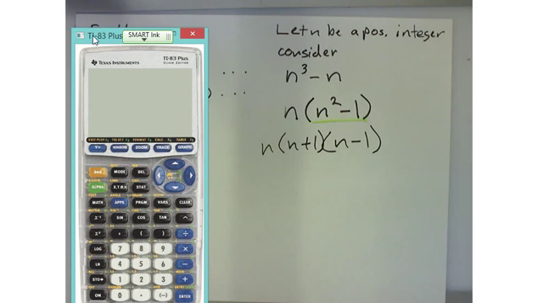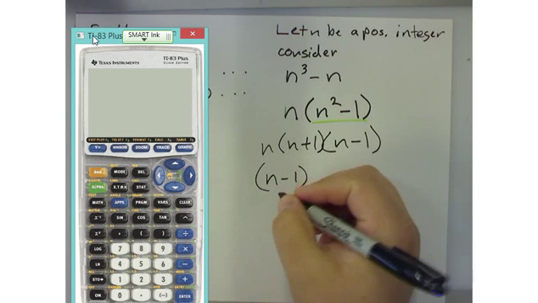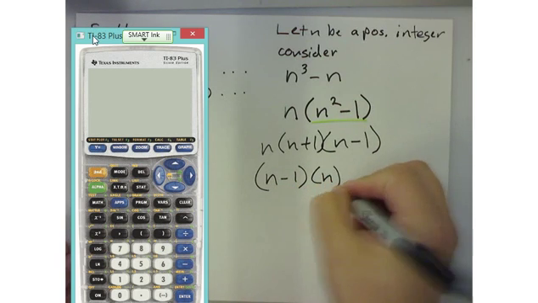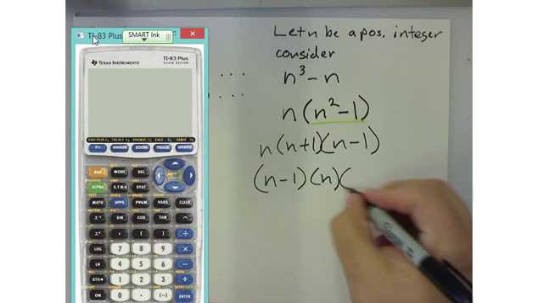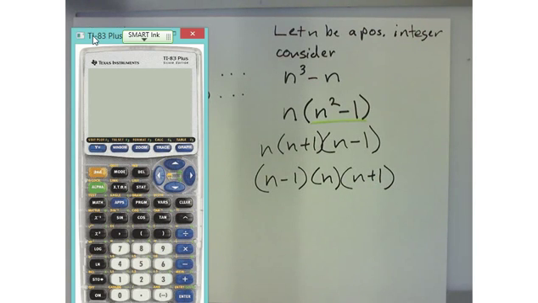Now using the commutative property, I'll rearrange this and say n minus 1 times the quantity n times the quantity n plus 1. There's a reason why I did that. Okay? What do you notice about that?